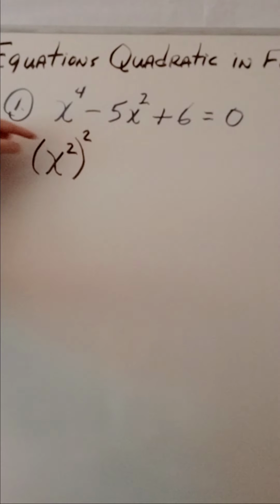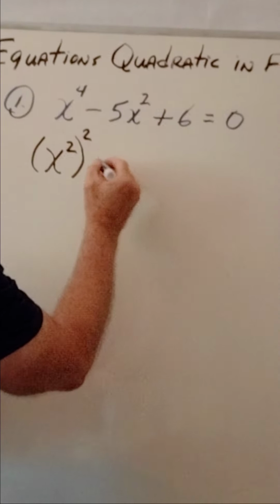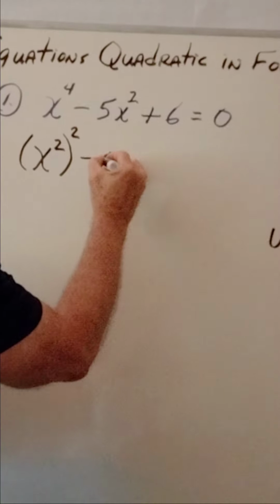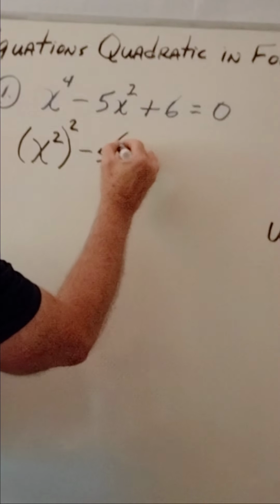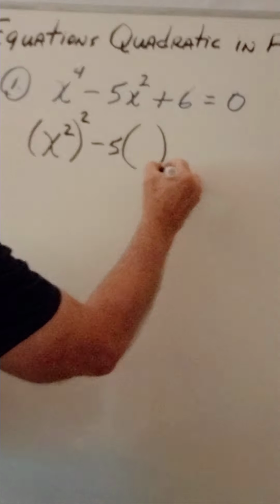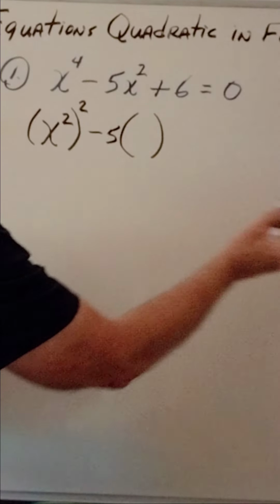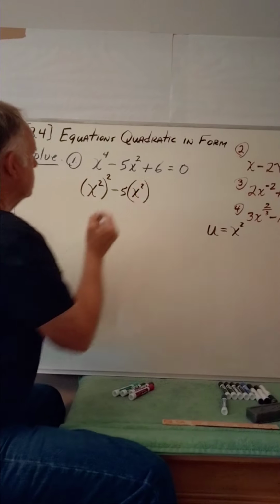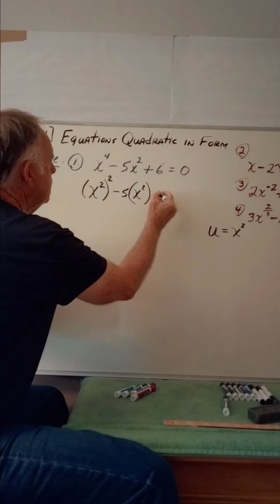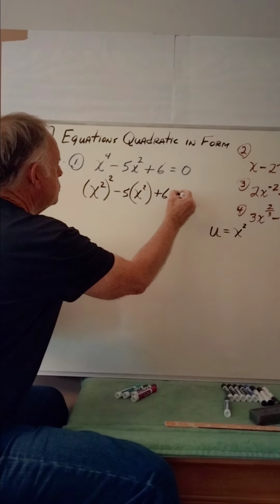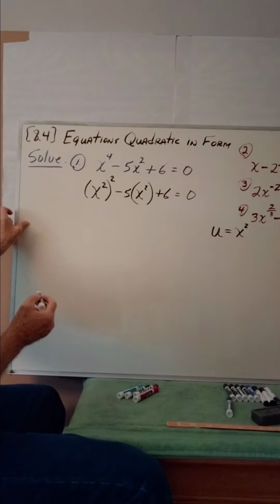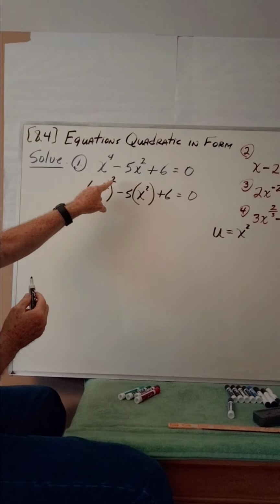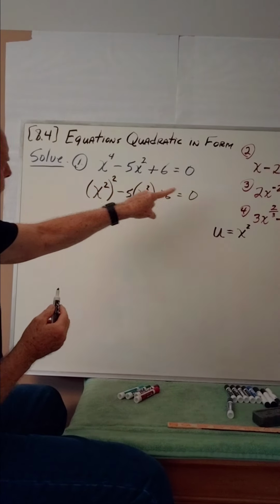They're equivalent. Bring down the coefficient of -5, make a house, and inside that house, put the x squared. They're the same. Then bring down the +6 and the 0. It's beginning to look a little bit more quadratic, so to speak.